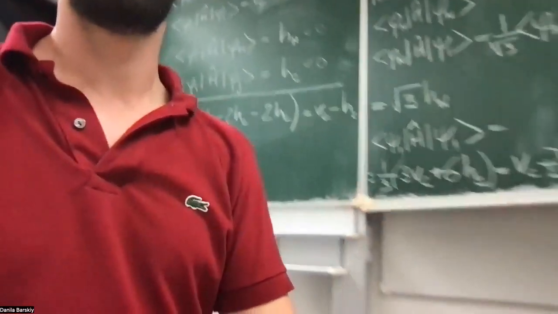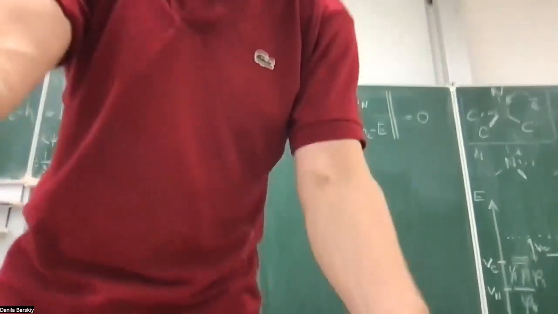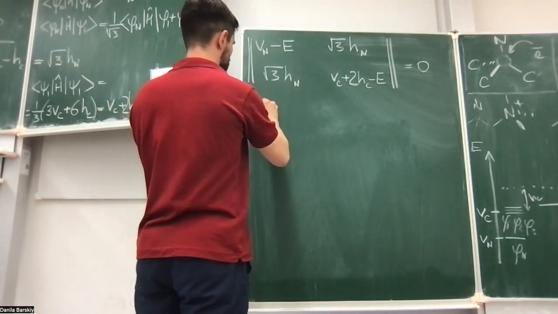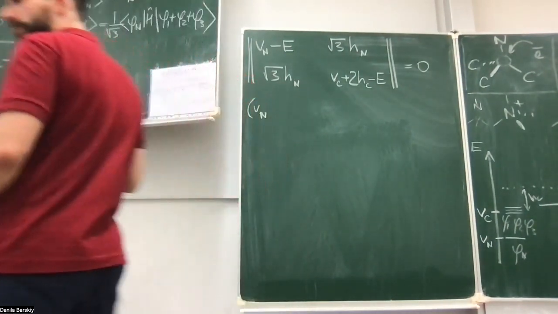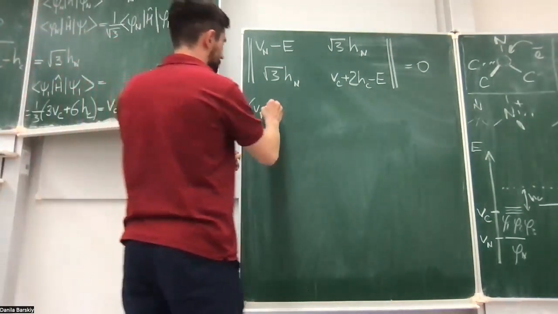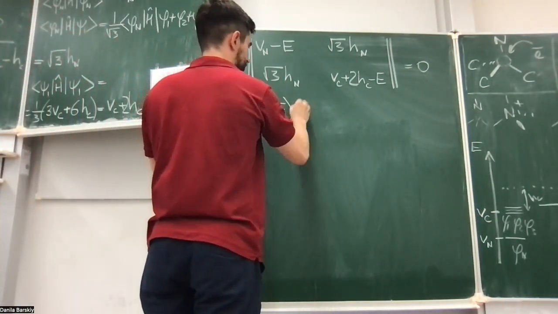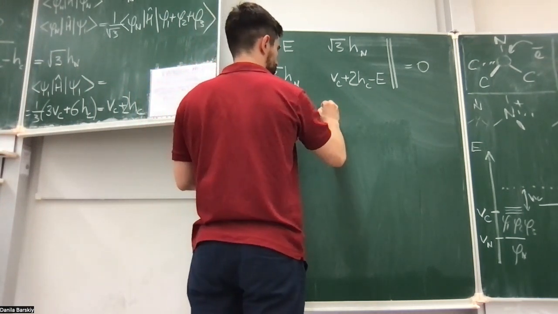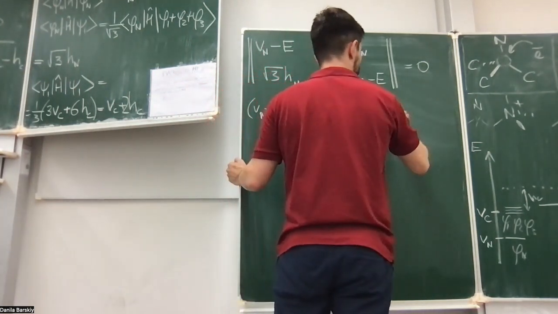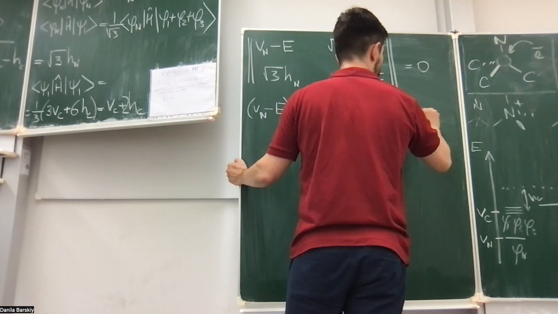You remember how to do that? So we have Vn and let me just double check if there's no mistakes. And VC plus 2 HC. Okay, looks like something correct. Minus 3 Hn squared equal to 0.